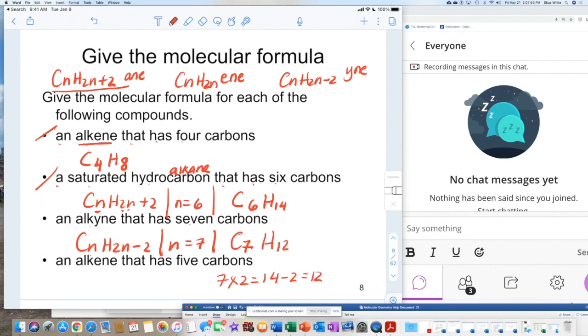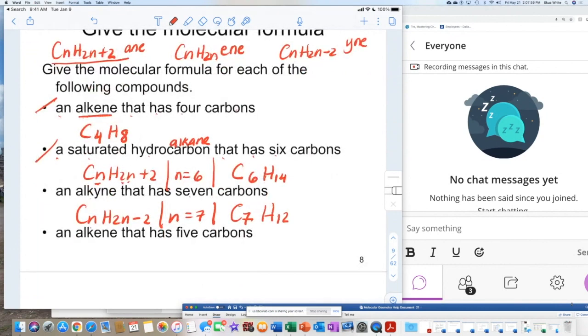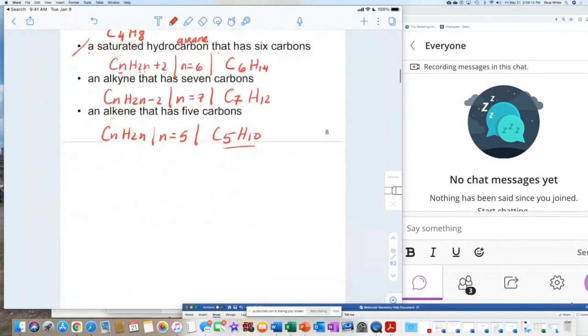It does help me feel a lot better if I write it down, right? Okay, an alkene, CnH2n, that's the alkene. That has 5 carbons, N is 5. So this would be what? C5H10. As I said, mathematically, my favorite is the alkene because it's less math.